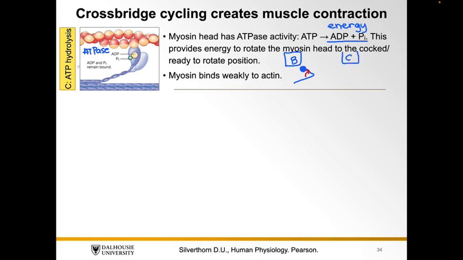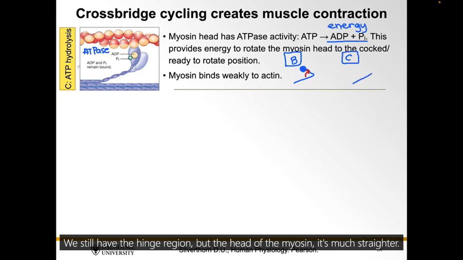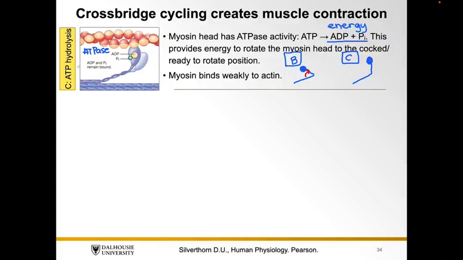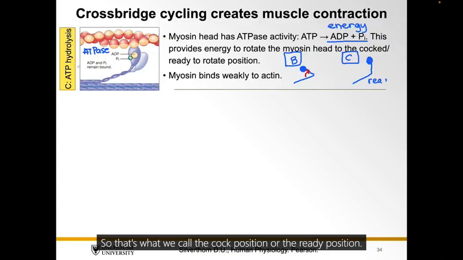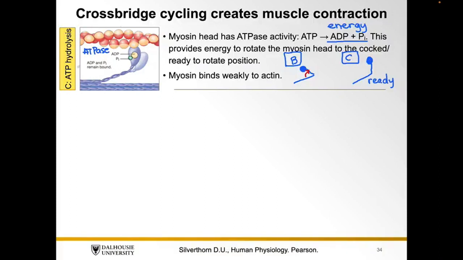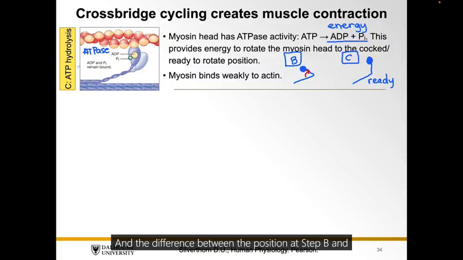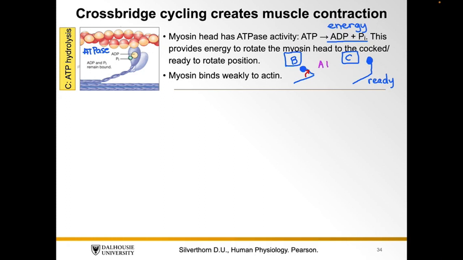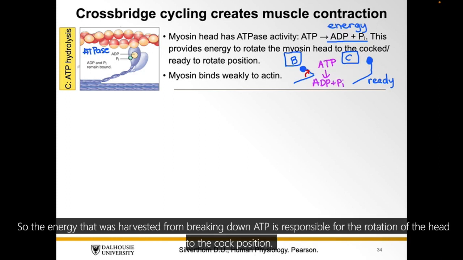In step C here, we still have the hinge region, but the head of the myosin is much straighter. So that's what we call the cocked position or the ready position. And the difference between the position at step B and the position at step C is really the hydrolysis of ATP. So the energy that was harvested from breaking down ATP is responsible for the rotation of the head to the cocked position.